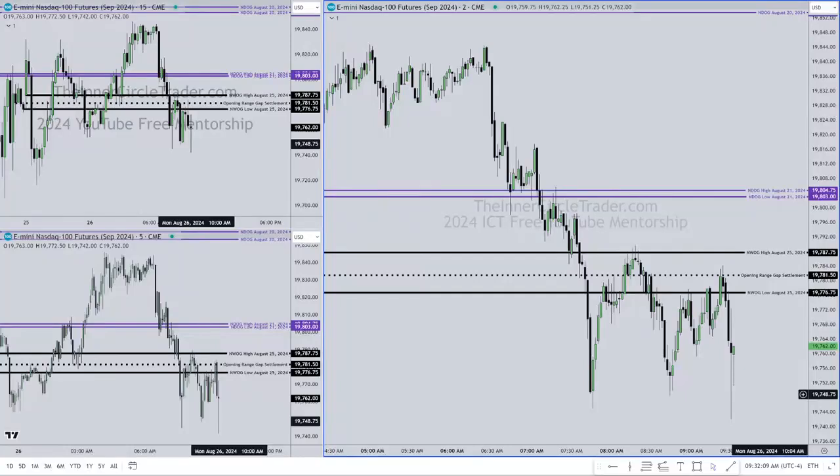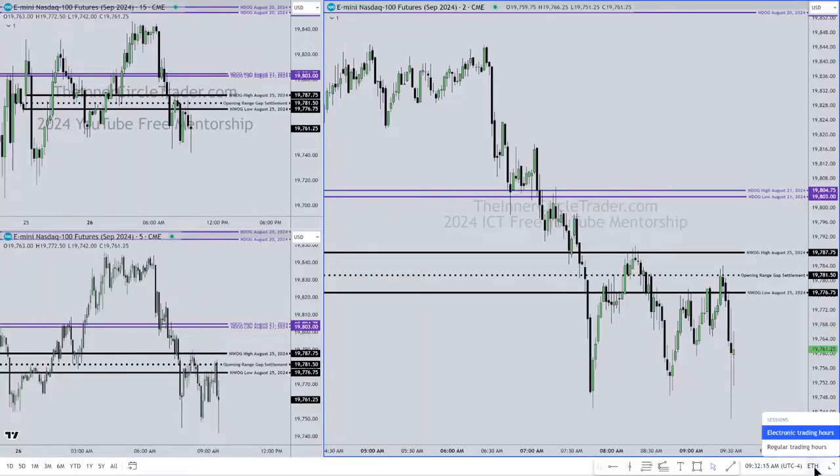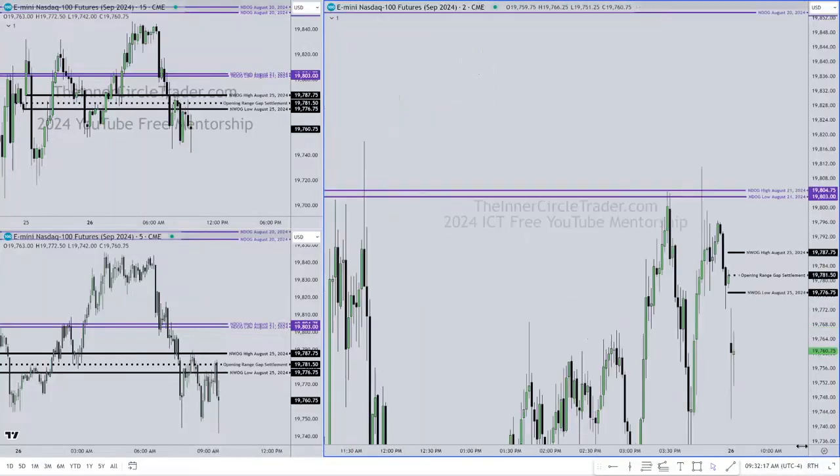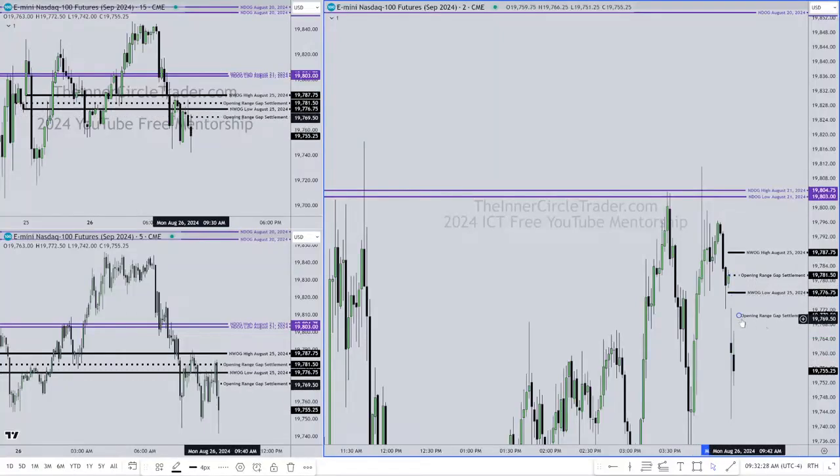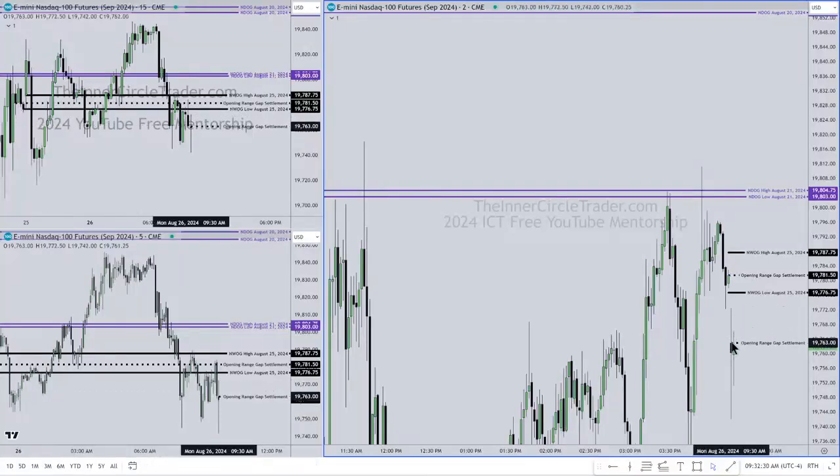So the regular trading hours, if you go down here, right now it's on electronic trading hours. So we go to regular trading hours, and this is where we settled previous session, and this is where we opened. So to open at this level here, we have a small little discount gap.